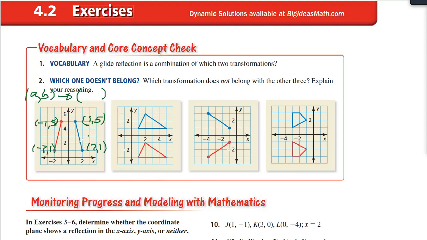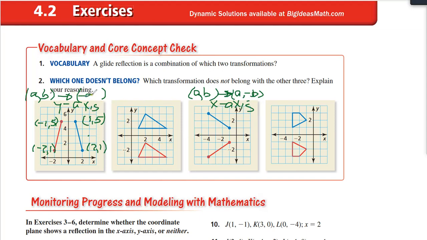When we reflected across the x-axis, the rule was A, B went to A, -B. This is reflecting across the y-axis. Yeah, it's right. Good job, Vianney.